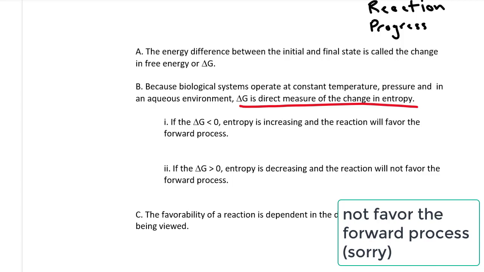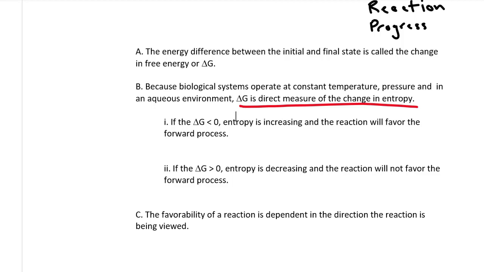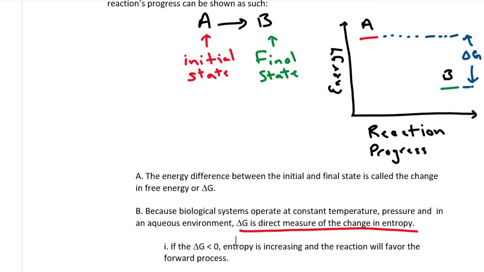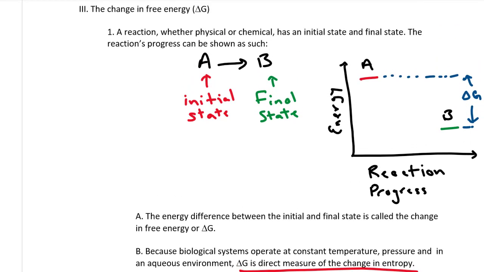What do we mean by less than 0 and greater than 0? Let's go back up. Delta G will be the difference in the energy level of the final state minus the initial state. So let's write that out. Delta G equals the energy level of the final state minus the energy level of the initial state.